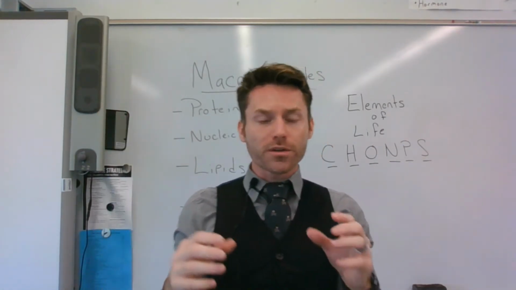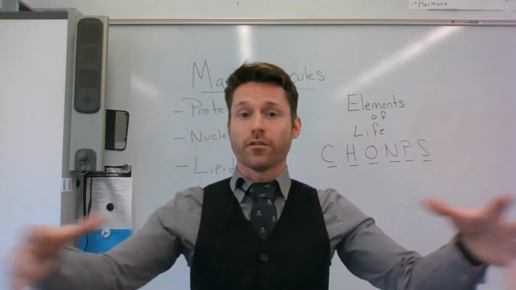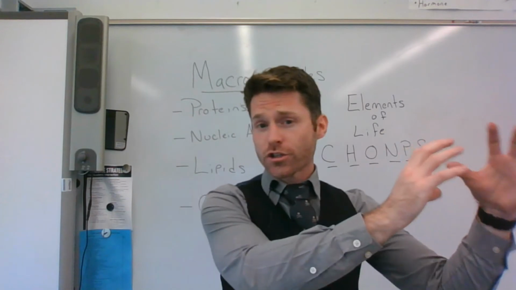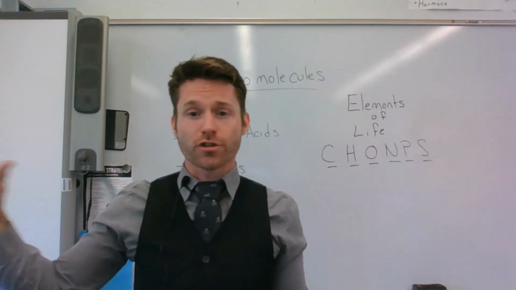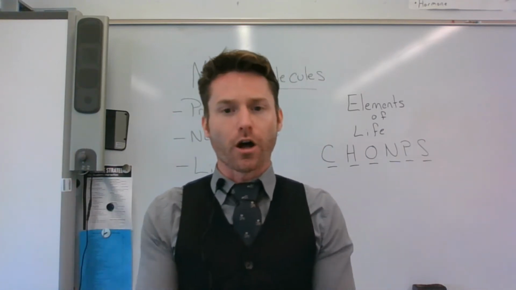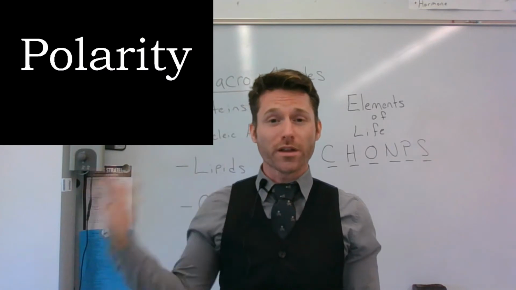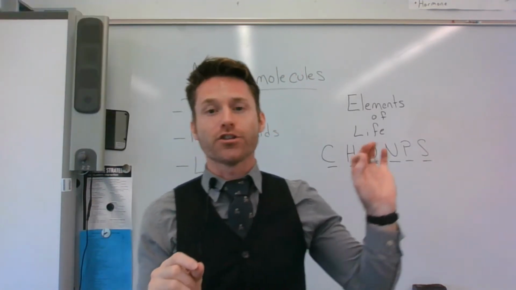Okay. And so instead of having these nice evenly charged molecules, all even all the way across, the oxygen side will have a little bit of a negative charge, and the non-oxygen side will have a little bit of a positive charge. This is a property called polarity, when one side of the molecule has a slightly, tiny little bit different charge than the other side.